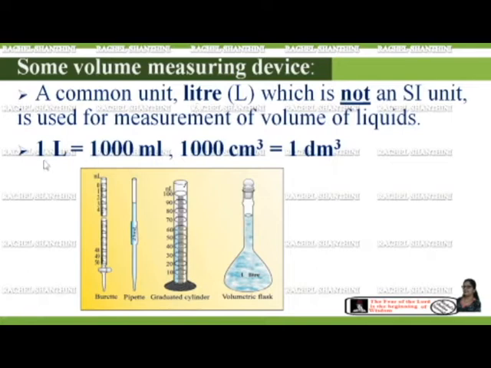So, whenever we come across the word liter in chemical calculations, we have to convert it into 1000 ml. We know the conversion 1 liter is equal to 1000 ml. In the laboratory, small amounts of chemical solutions are used, so these small volumes are expressed in cm cube or dm cube.